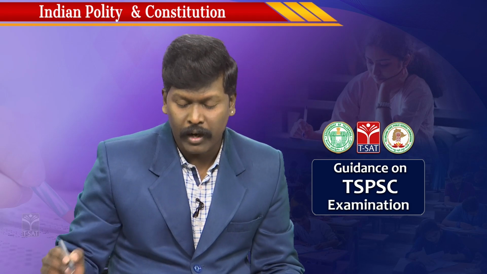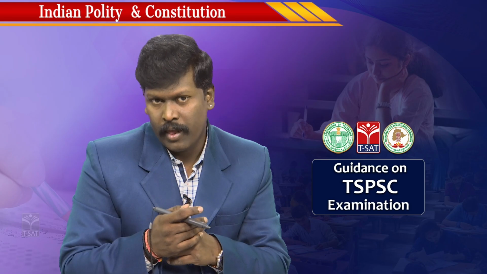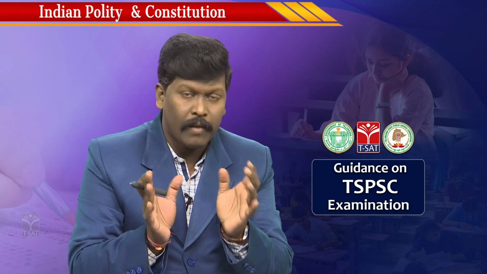A judges bench is used if there is any important matter concerning a case. Because it is a matter of the future, a matter of the Constitution, the CJI does not allocate this type of case to one particular judge. Instead, he comes up with the number of judges in a bench.